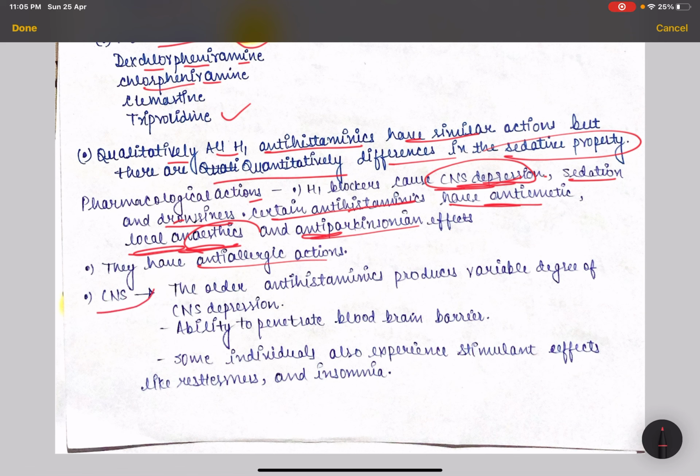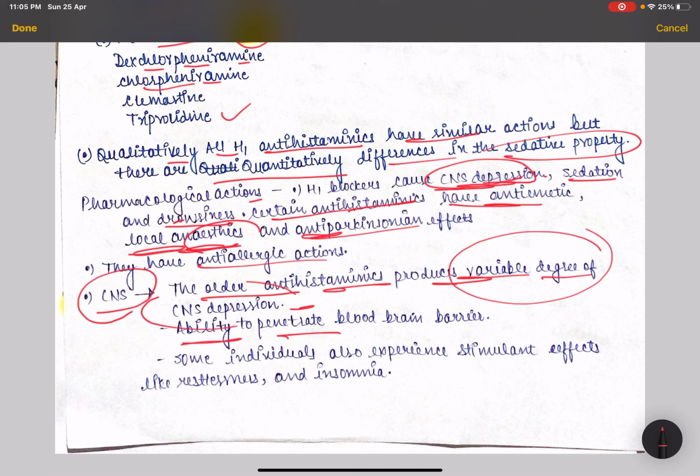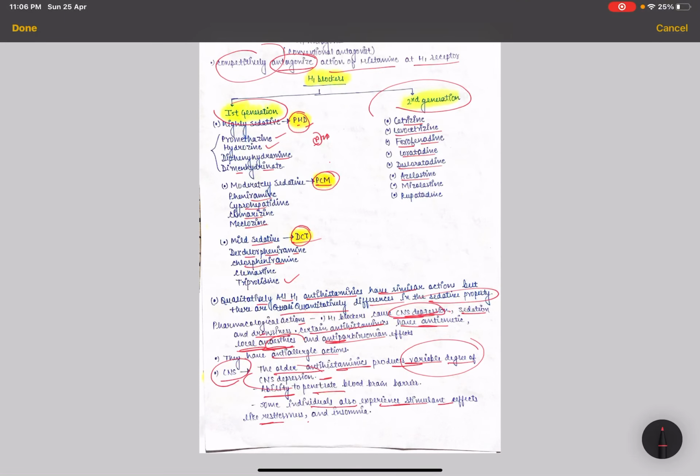On the CNS, the older antihistaminics used to produce a variable degree of CNS depression, because of the non-mast cell histamine present in the brain and hippocampus. This variable degree of depression depends upon the ability to penetrate the blood brain barrier. Some individuals also experience a stimulant effect like restlessness or insomnia, right?